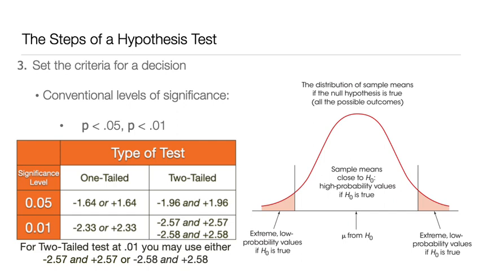This table is also in your lecture outline, so you have access to it. You can also look these things up in the Z tables in the back of your book, but you'll see they're the same, so we've given you a little shortcut here. I would go ahead and mark those points on that comparison distribution, that distribution of sample means, because that will make the decision later easier.